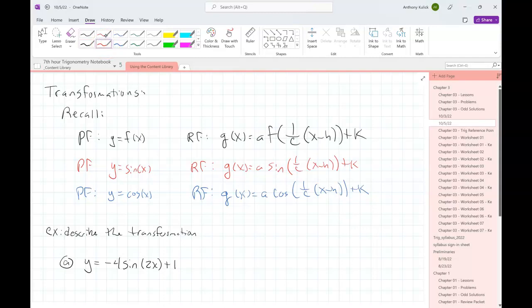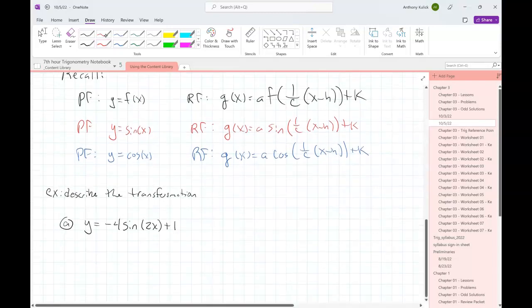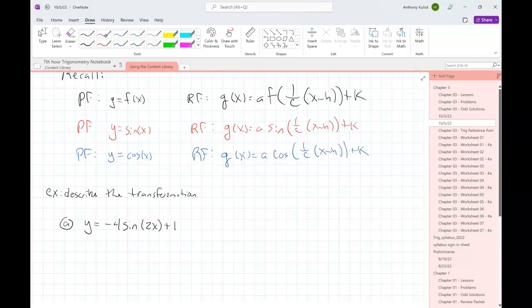So let's say we have the function y equals negative 4 sine of 2x plus 1. And our directions are to describe the transformation. This is essentially an identical problem to what we did last time, right? Our first order of business is to identify the values for a, c, h, and k.